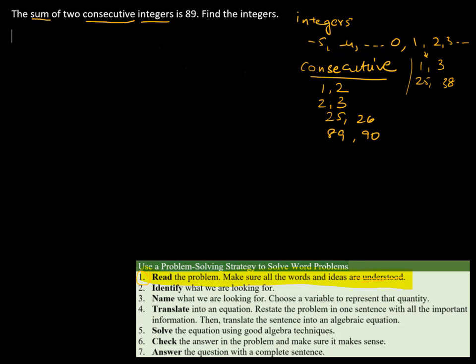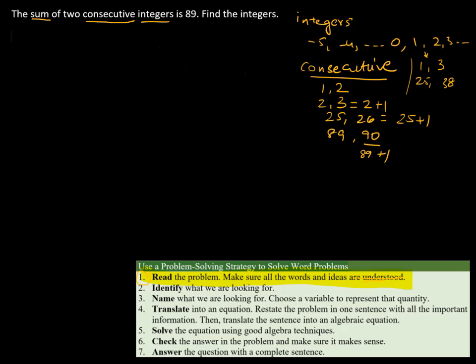Now, if you look at this list, you'll see a pattern when two numbers are next to each other. One number is 1 plus the previous number. So if we're talking about 90, it's nothing but 89 plus 1. 3 is nothing but 2 plus 1.